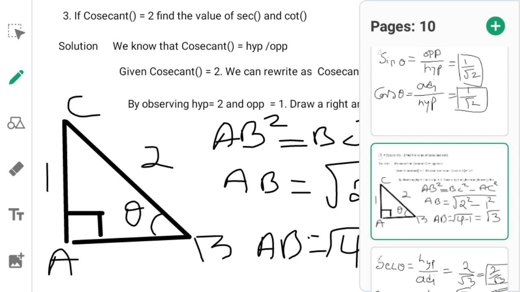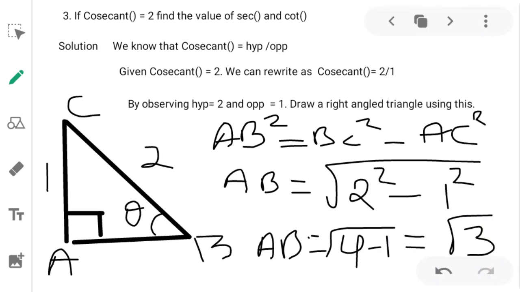If cosecant theta equals 2, find the value of secant theta and cot theta. Cosecant, secant and cot are all secondary ratios. This is an example for secondary ratios, but the method is the same. We know that cosecant equals hypotenuse by opposite. It is given in the problem that cosecant equals 2.